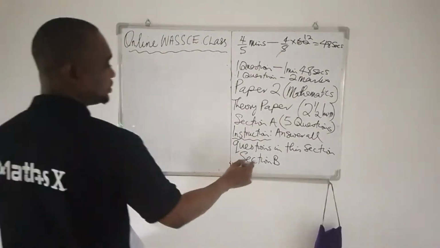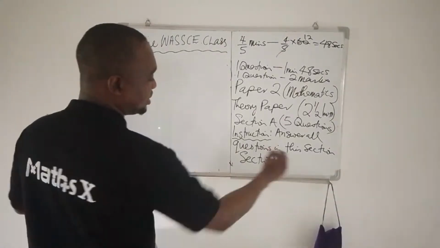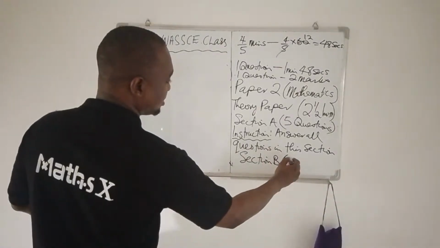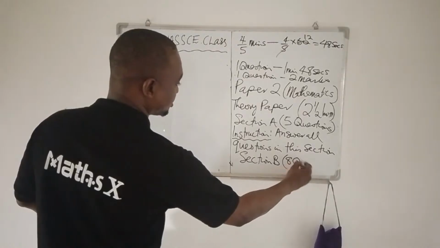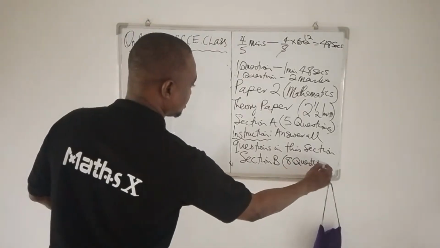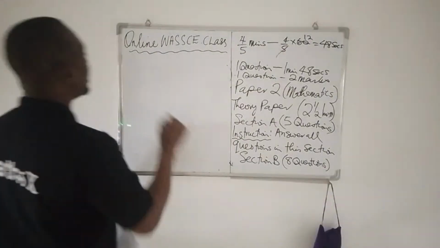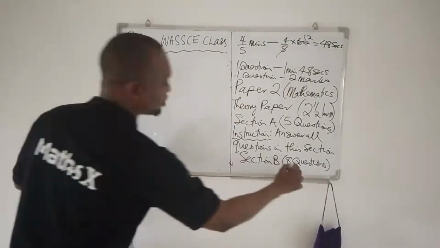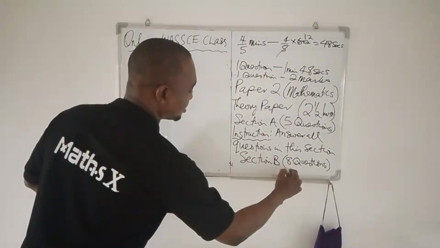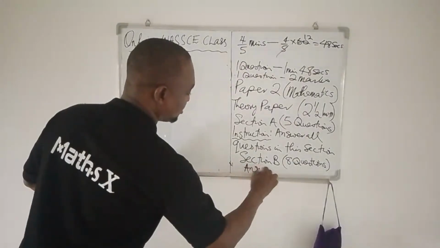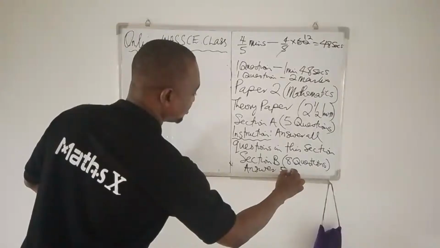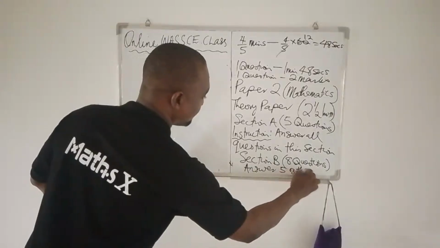Section A and section B. It has also 8 questions. And you are to answer, pardon me, 5 of them.